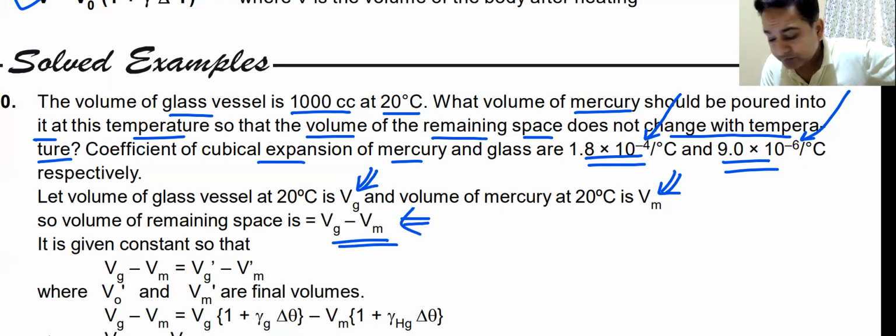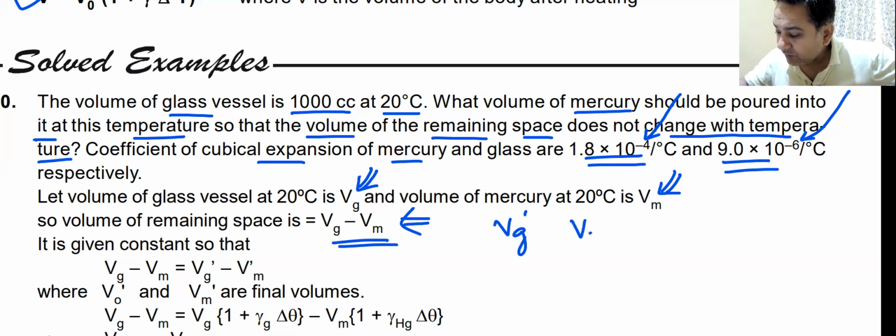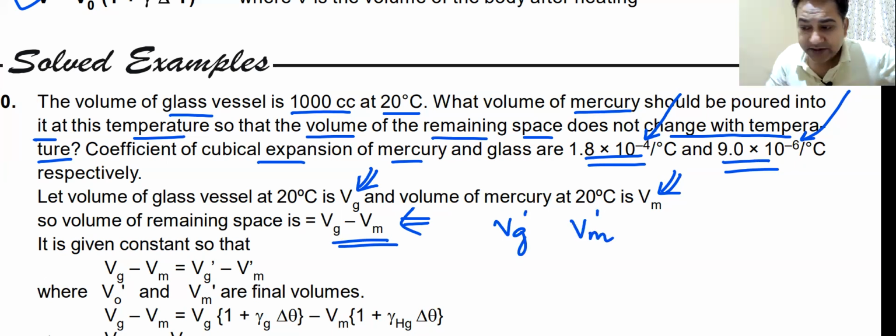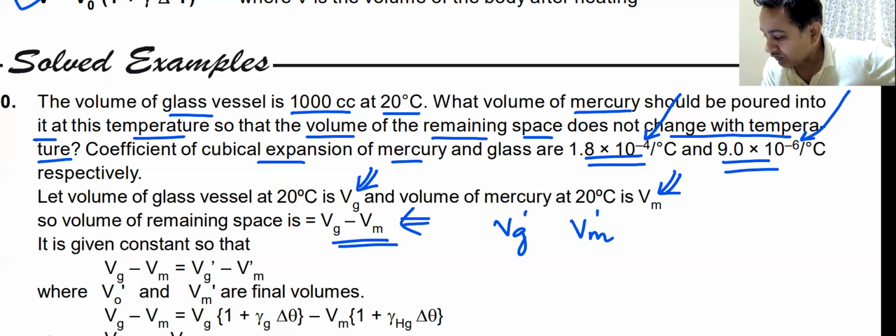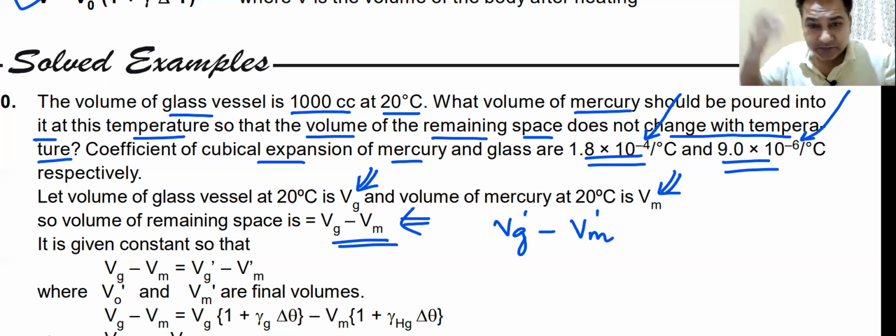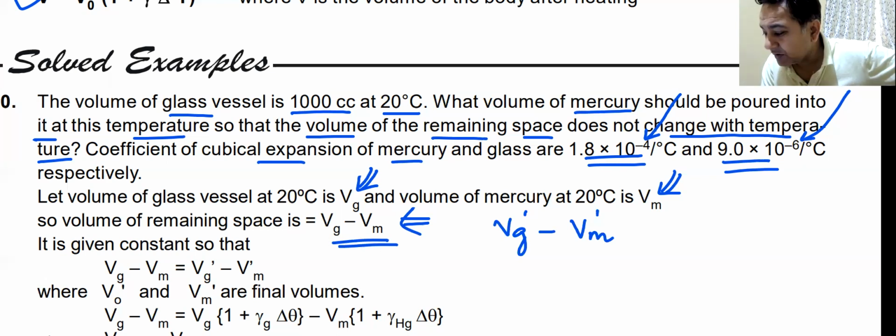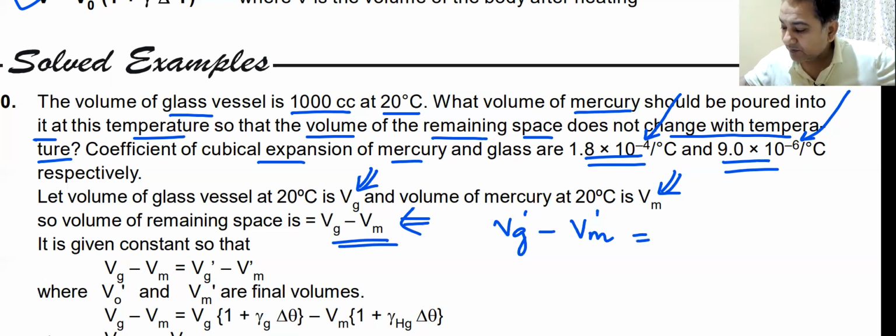Yes, sir. Now, at a higher temperature, the volume of the glass becomes Vg dash and the volume of mercury becomes Vm dash. Yes or no? Yes, sir. The difference in volume is the remaining space, so that becomes Vg dash minus Vm dash. That must be equal to the original remaining space, Vg minus Vm.